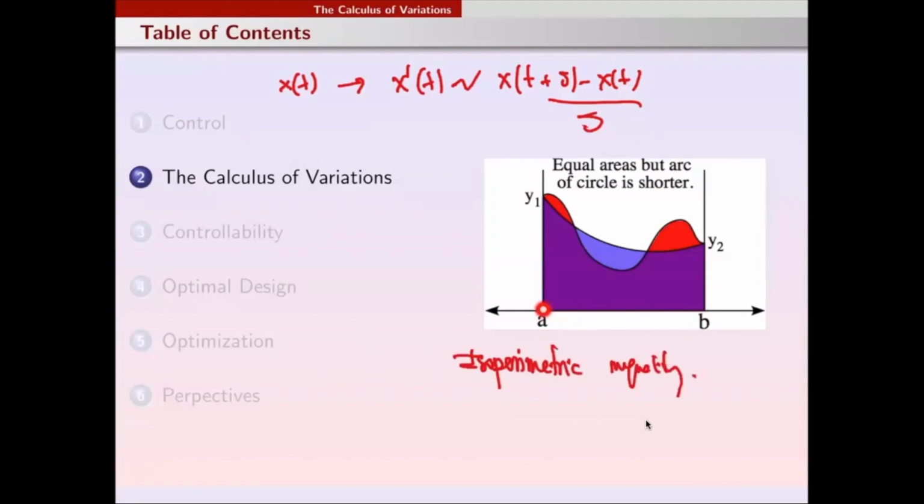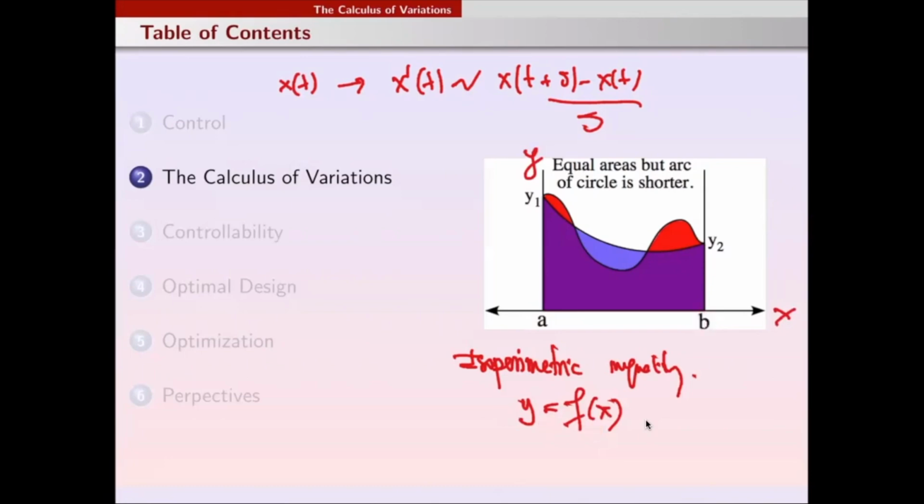You have functions of one real variable, defined in the interval a, b. Y is a function f depending on x. This is the x-axis and this is the y-axis. I'm considering all possible functions defined in the interval a, b.